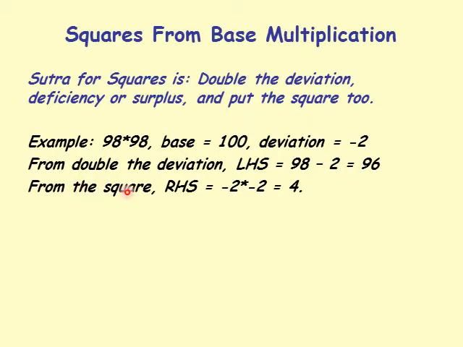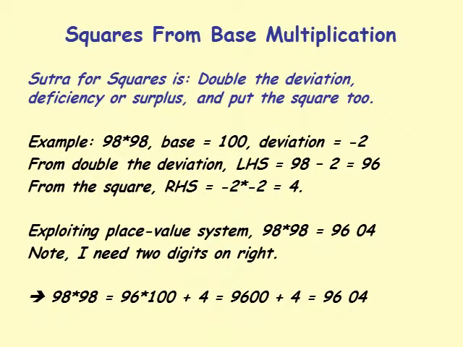And from the square of the deviation, we get the RHS is equal to minus 2 times minus 2, which is a 4. Okay, let's see where we go from here. Okay, now if we want to exploit the place value system, we need to get a 04 instead of 4. 98 times 98 is 96, 04.